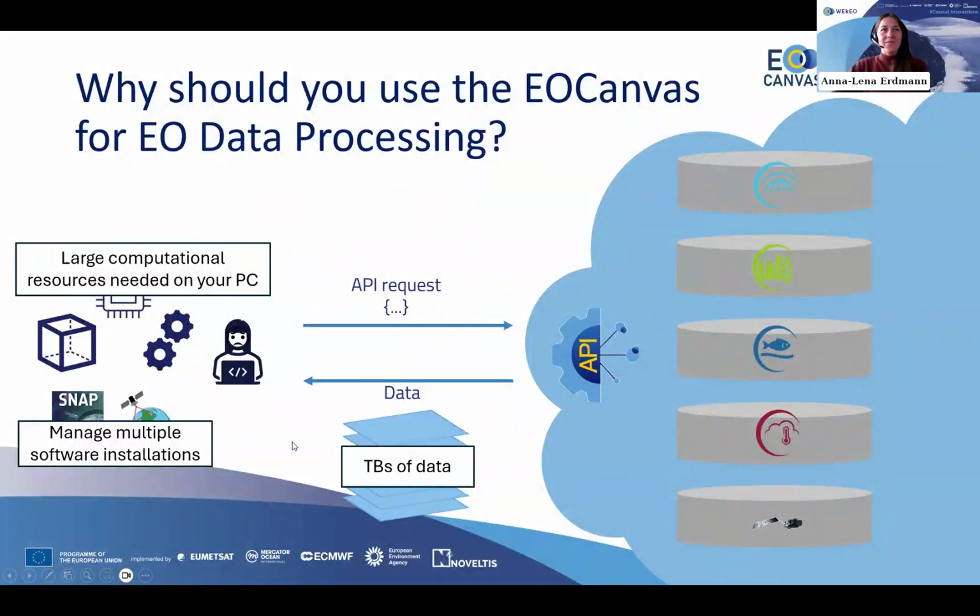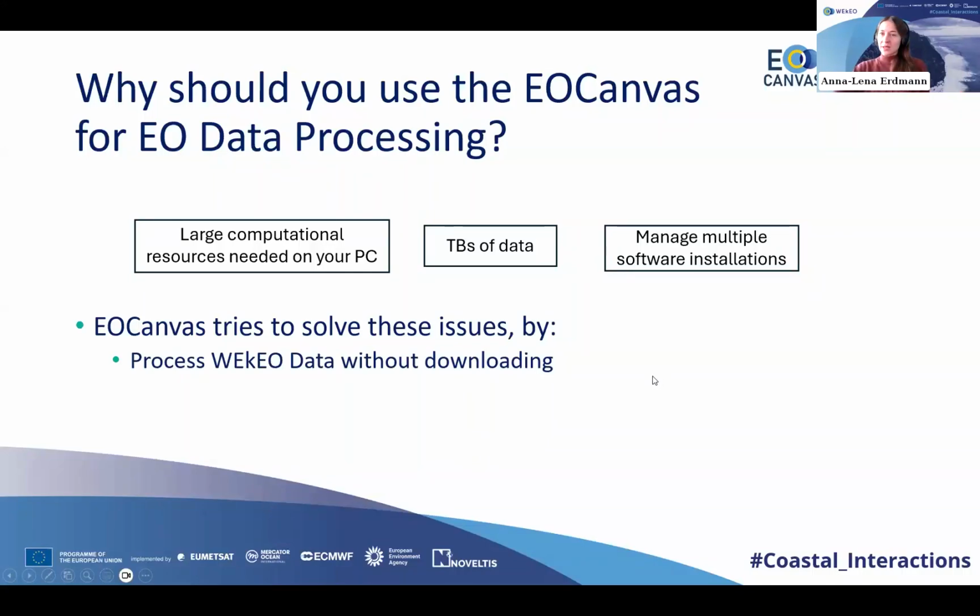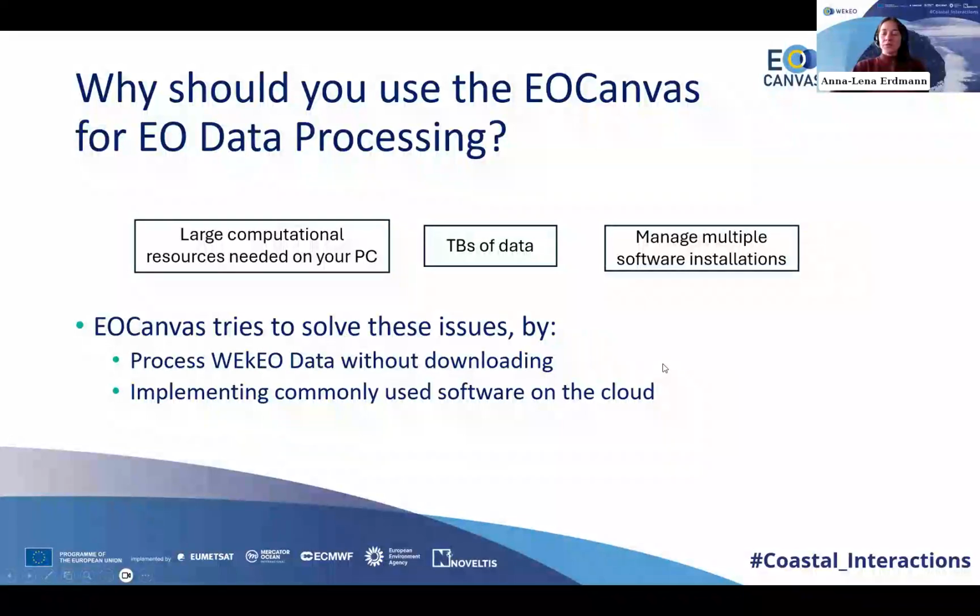So if you have faced those three problems in past Earth observation projects, then listen up, the EOCanvas might be useful for you and worth trying out. Because it tries to solve these three issues by processing the WEkEO data without downloading, implementing commonly used software on the cloud, so you don't have to worry about software management, and processing the data with that software on the cloud.